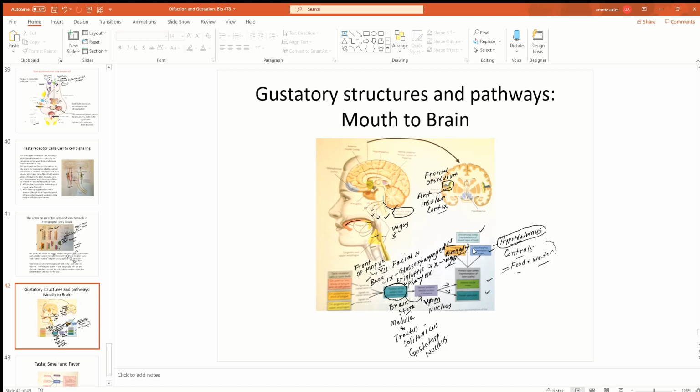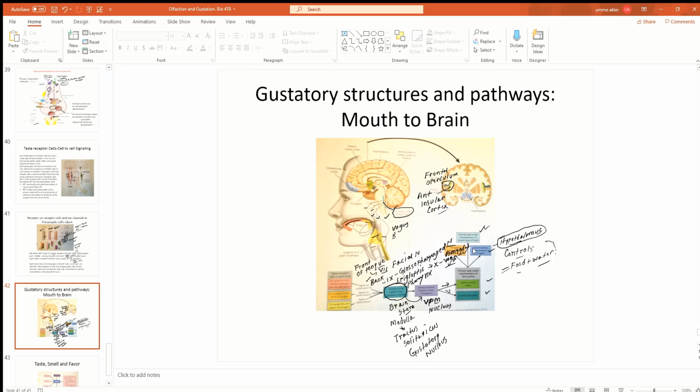The orbitofrontal cortex is very important. You remember the orbitofrontal cortex in the case of olfaction too.